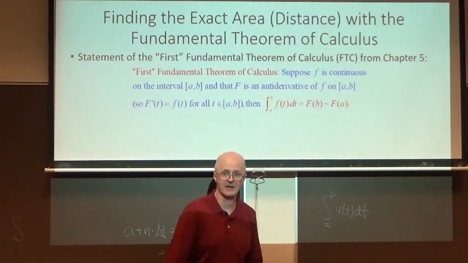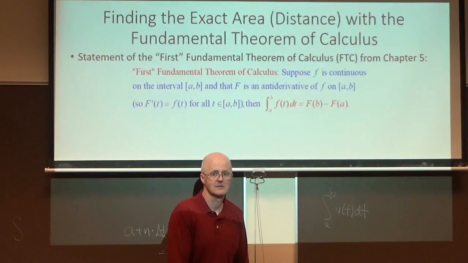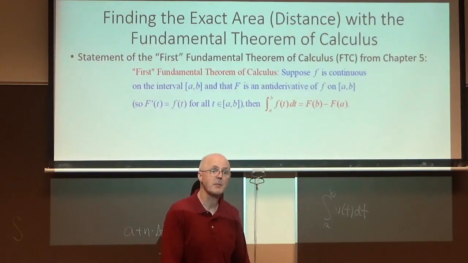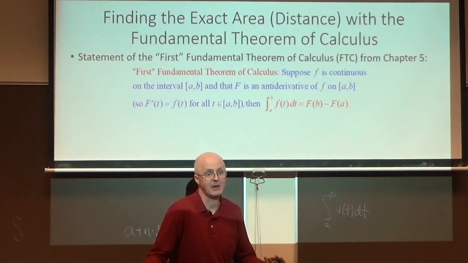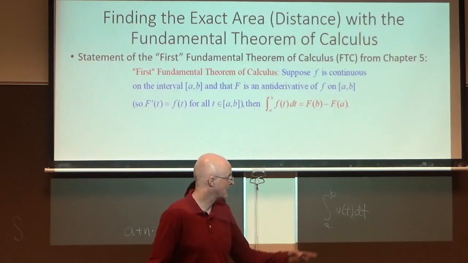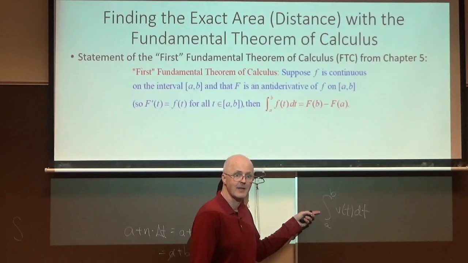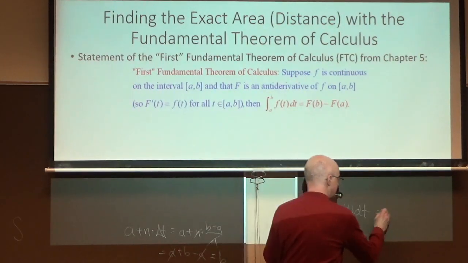And I'm using a capital F. Where'd that come from? Well, I just made it up. It's a common thing to use. I'm not bucking tradition. But in this context, the antiderivative would actually be the little f.